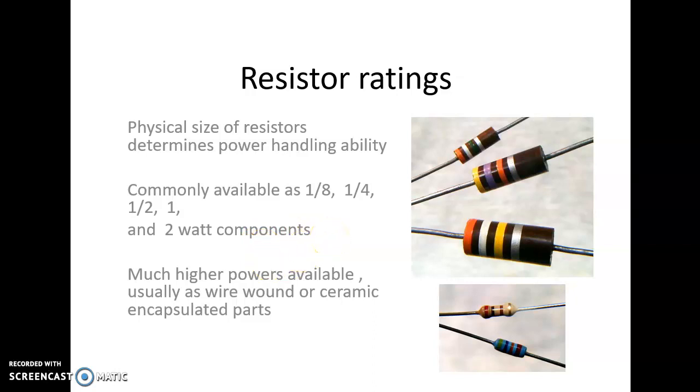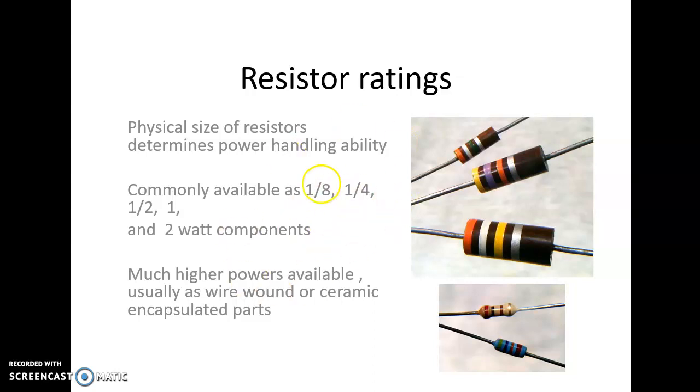So what is the meaning of this? If you take a quarter watt resistor, that is nothing but a 0.25 watt resistor. This indicates that this resistor can dissipate a maximum of 0.25 watt of power. So if the current exceeds in the resistor and the power dissipation tries to become more than 0.25, then your resistor can blow off.